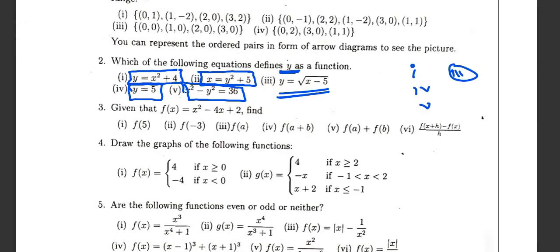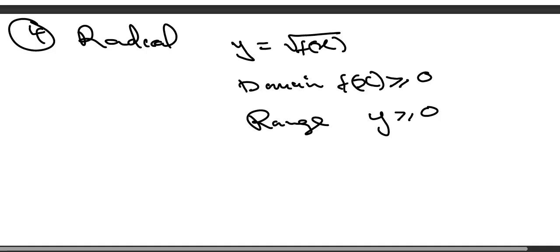Now your question number 2 is very much straightforward. They are saying given that the function f of x is this, find f of 5. So this is simple. You did this in high school. The function given is f of x equals x squared minus 4x plus 2.